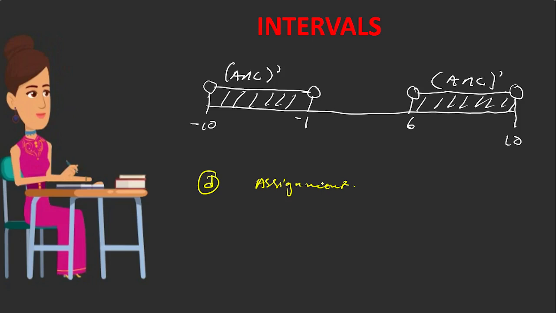So let's look at example 2. Let R be the universal set. When you say R is the universal set, that simply means real numbers.